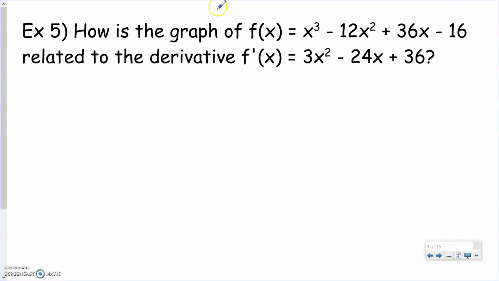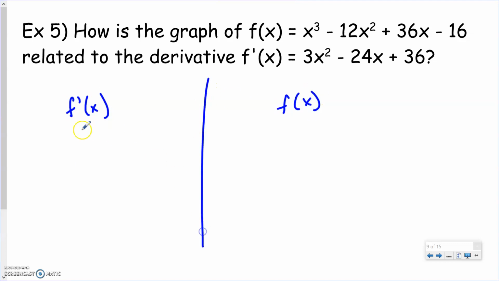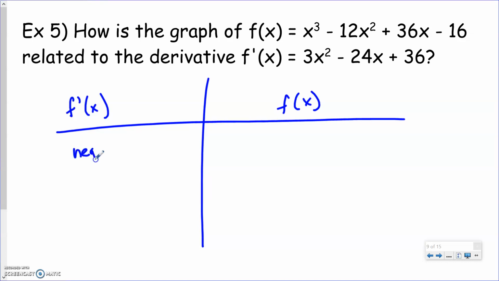Okay, how are the graphs related? If you compare the graphs and look at them on the graphing calculator, you're going to start to notice this, and we're going to talk about this in a couple units. But if f prime is negative, that means the tangent line has a negative slope.